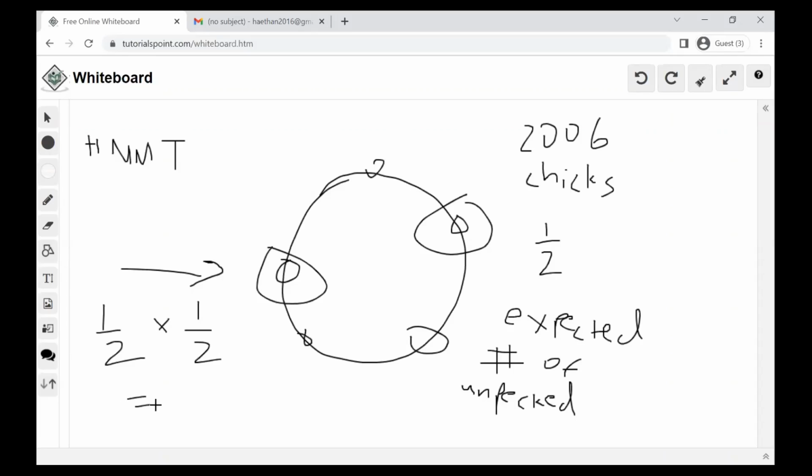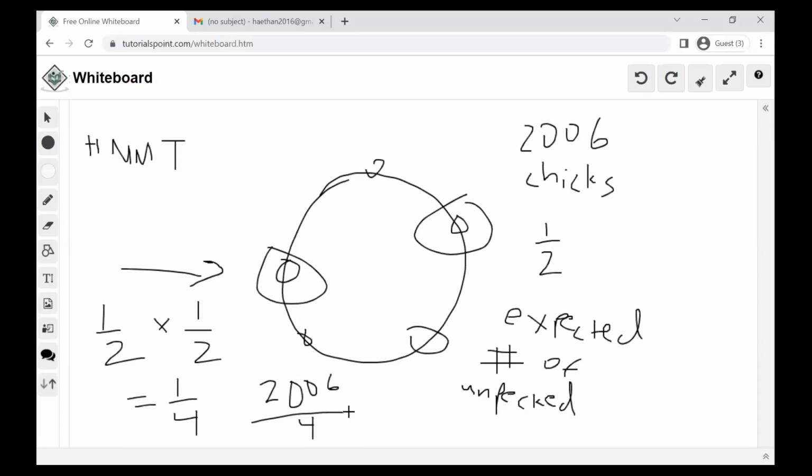So there's a 1/4 probability that it's not pecked, right? So on average this chick will not be pecked a quarter of the time. So in total, we can just sum this probability up for all 2,006. So then on average, we'll have 2,006 over 4 unpecked chicks, right?